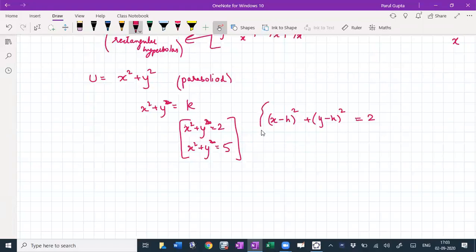Do you recall from your school math what this is an equation of? I can always write this as x minus 0 whole square plus y minus 0 whole square. So what does this look like an equation of? Circle, exactly. Very good. So this is the equation of a circle with center at 0, 0 and radius √2.